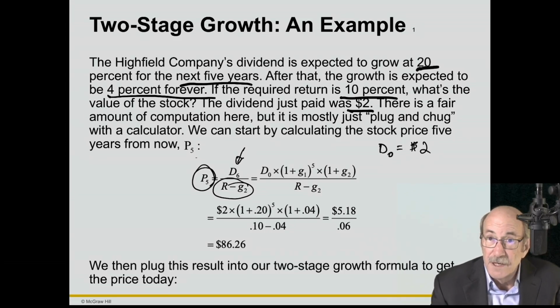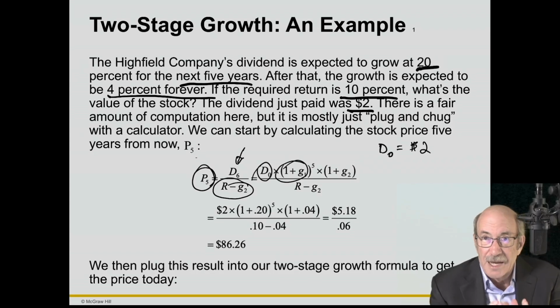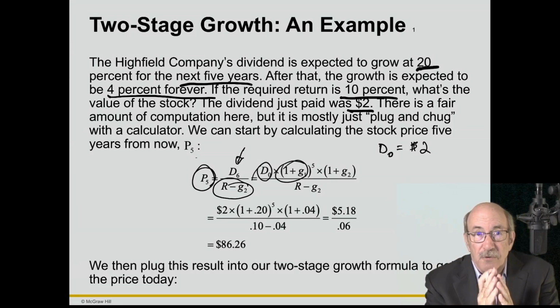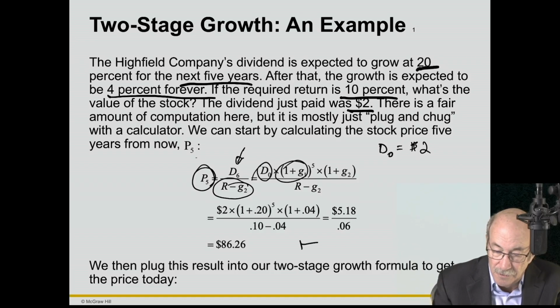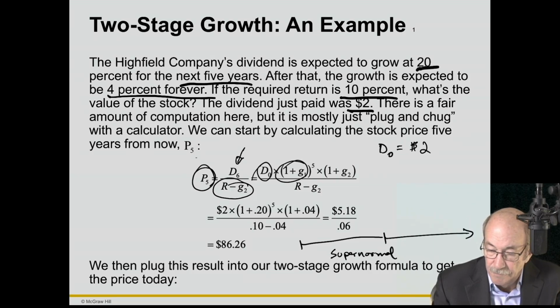How do we get dividend 6? Well, we grow the initial dividend, our $2, at the first growth rate, because we've got to get through that 5-year window. So think of it as, this is the supernormal growth, and then from here on out is the normal growth.